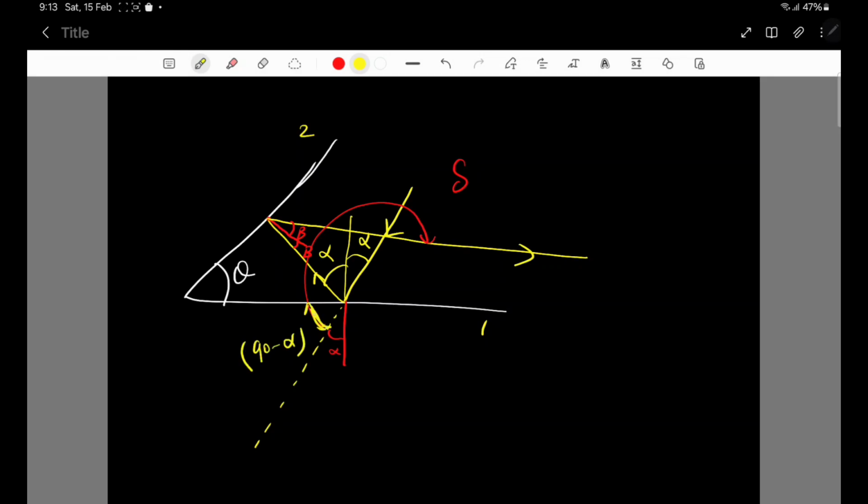If this angle is 90 minus alpha, this angle also should be 90 minus alpha. It is so easy to visualize because this is 90 degrees, and this is 90 degrees. So if this angle is alpha, this should be 90 minus alpha. So I can clearly tell that these angles are 90 minus alpha plus 90 minus alpha.